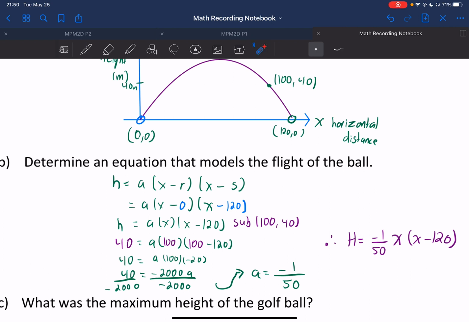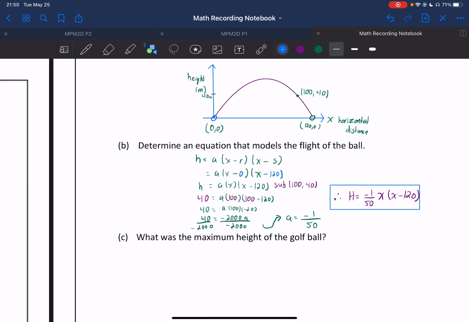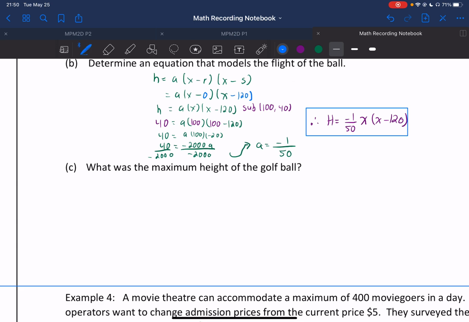So that is our equation. Now, what was the maximum height of the ball? The maximum height of the ball would be at the AOS, so that means we need to find out the vertex.